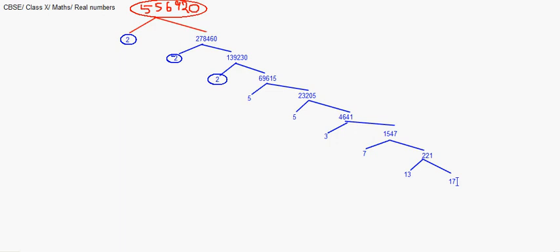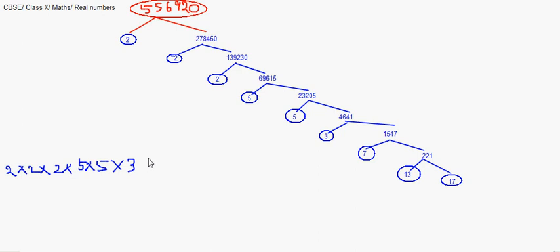So here I have to stop, because I got one more prime. If you express 556920 as a product of prime factors, it will be 2 into 2 into 2 into 5 into 5 into 3 into 7 into 13 into 17. This is the representation of 556920.